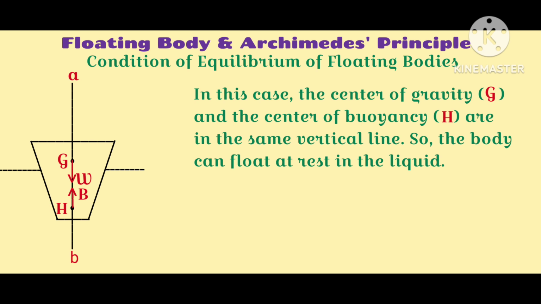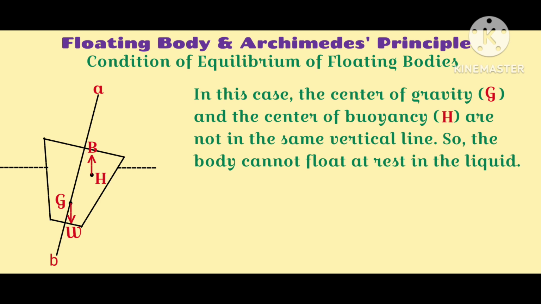In this case, the center of gravity and the center of buoyancy are in the same vertical line. Hence, the body floats at rest in the liquid. In another case, as shown in the diagram, the center of gravity and the center of buoyancy are not in the same vertical line. Hence, the body cannot float at rest in the liquid.